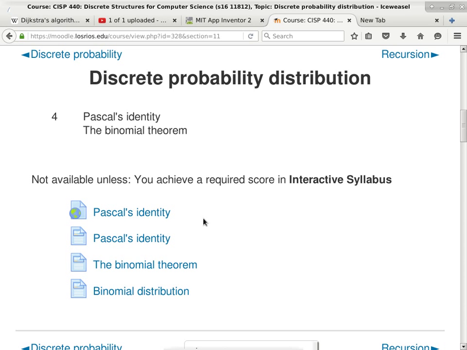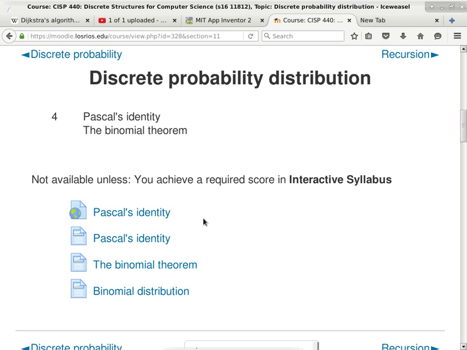So instead of using Pascal's triangle to figure out the coefficients, I can now use something that we already know, which is combination, to figure out the coefficients of each power of x when we expand x plus 1 to the power of n. So that's the coefficient of x to the I. Correct. When you expand this out, you can look at a few terms.